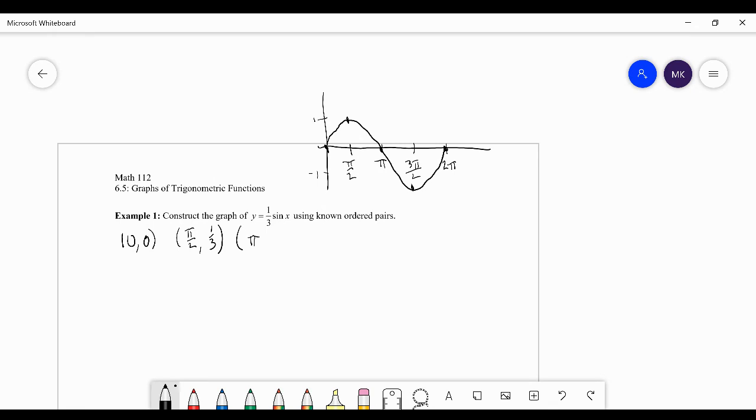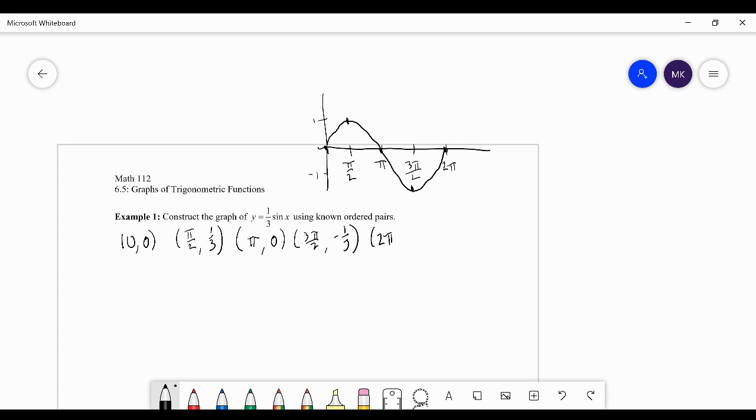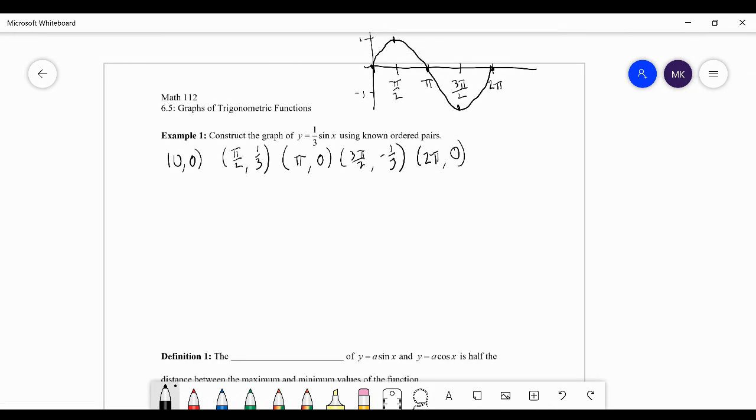If x is pi, then sine of pi is 0, and 0 times 1/3 is 0. You're probably getting the idea. If x is 3 pi over 2, sine of 3 pi over 2 is -1, and -1 times 1/3 gives us -1/3. And lastly, if x is 2 pi, sine is 0, and 0 times 1/3 is 0. So we can use these 5 points to get an idea of what this graph would look like.